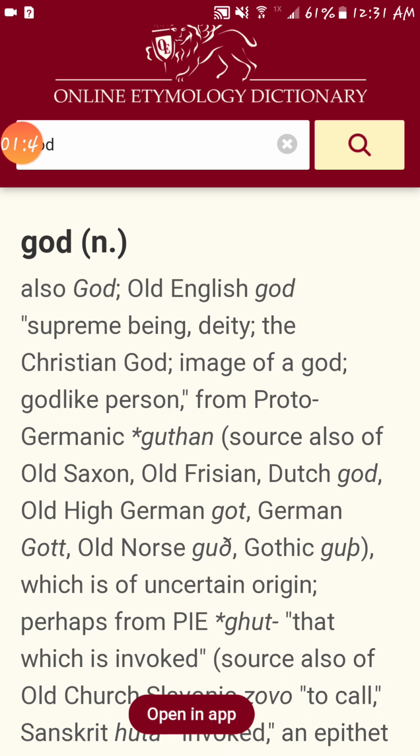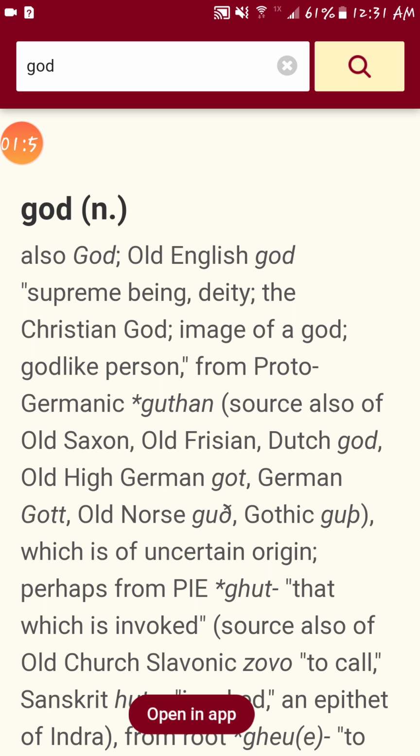That means that when you see these parentheses, when it says source also, that's letting you know that this word also comes from these sources. Like all these other languages are all part of this one word, Guthen.